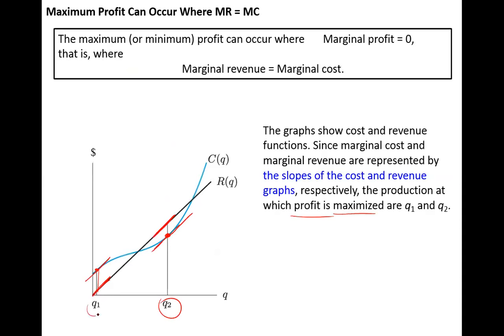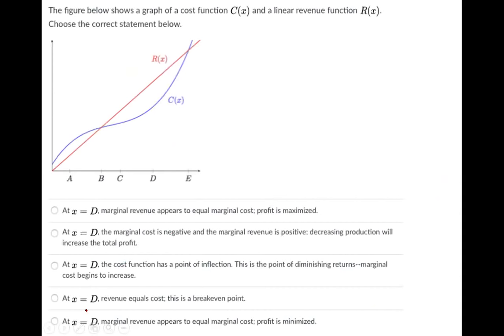Okay? Both of them. Okay, and then I have one question. The figure below shows the graph of the cost function, C of x, and the linear revenue function, R of x. Choose the correct statement. Everything in the statements that I created is at the point D. You can probably guess that the slope at D is the same as the slope here.